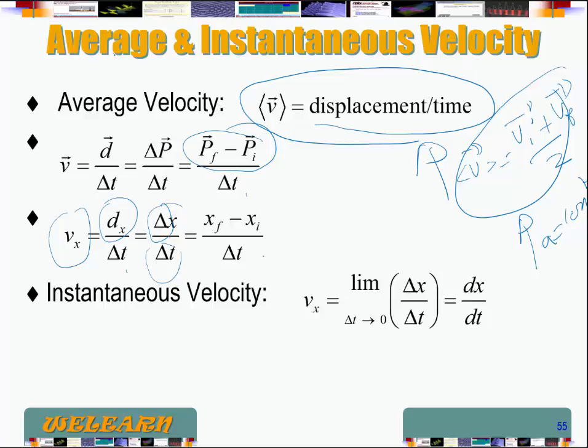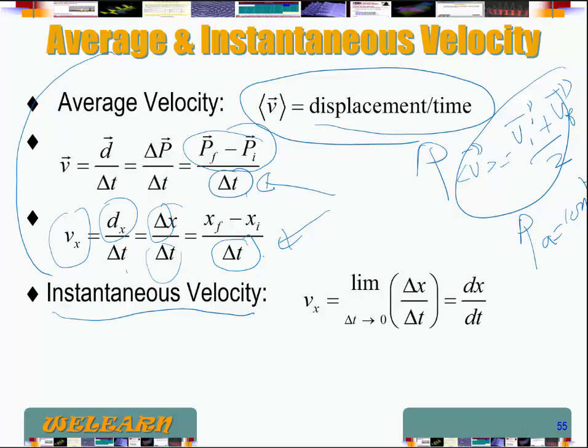Now, this was talk of an average velocity. What about an instantaneous velocity, velocity at an instant? Strictly speaking, an instantaneous velocity does not exist. But really, it becomes instantaneous when this delta t becomes very small.